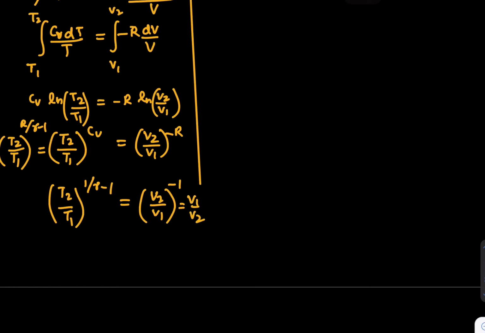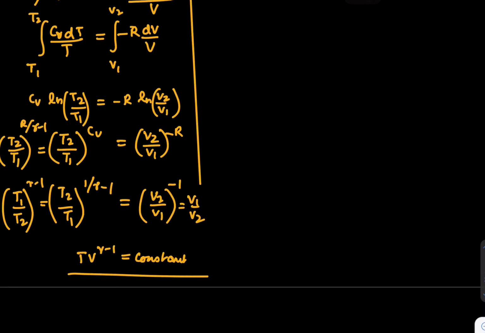Now just cross multiply these terms. So T2 upon T1 raised to 1 upon gamma minus 1 can also be written as T1 upon T2 raised to gamma minus 1. If you understood this, we can rearrange the whole structure and finally we should get TV to the power gamma minus 1 is a constant.